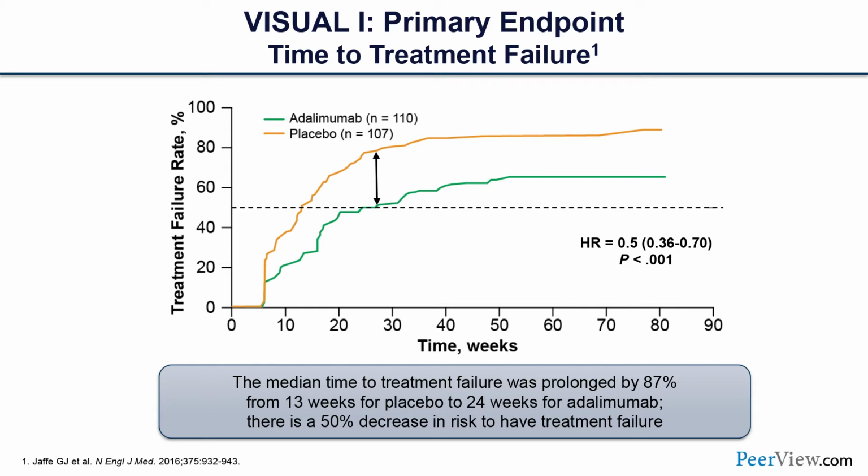And the endpoint in this study was how long did it take the subject in the study to fail to have active inflammation. So everyone got loaded up on prednisone, and then the prednisone was withdrawn, and it turned out that there was a statistically significant benefit to having adalimumab over the placebo.